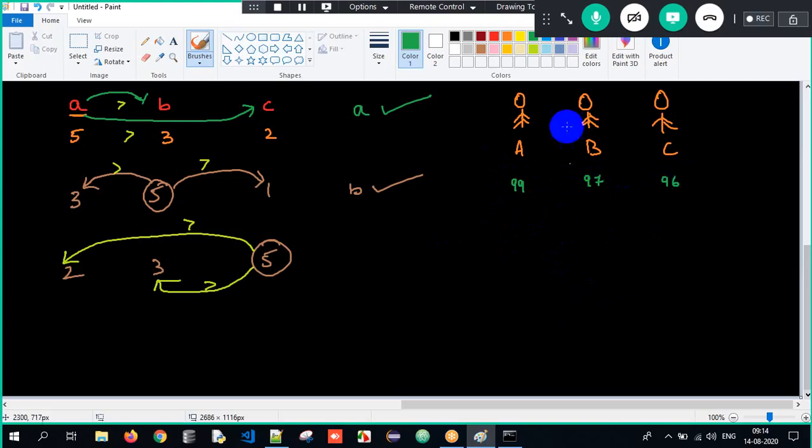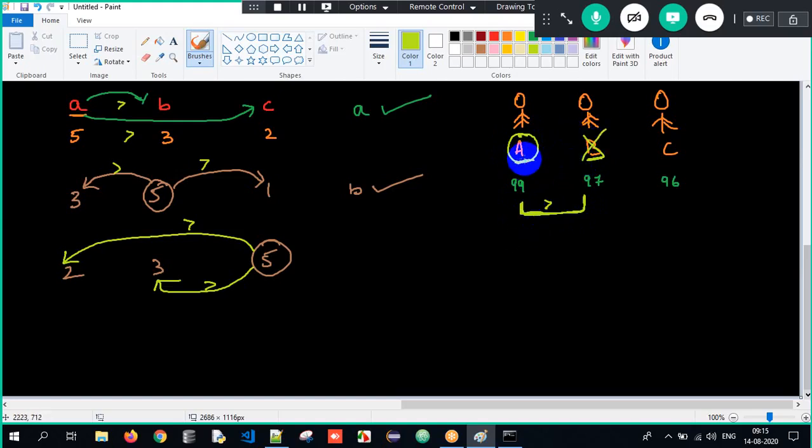Got the clarity here? In order to check who has scored the highest marks, A will compare with B. So I check if A is greater than B. If A is greater than B, I come to the conclusion that A is largest and B is smallest. So B is out of the race.